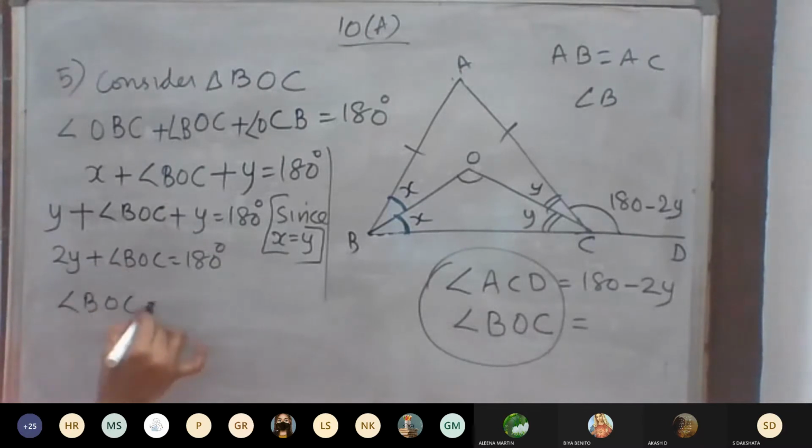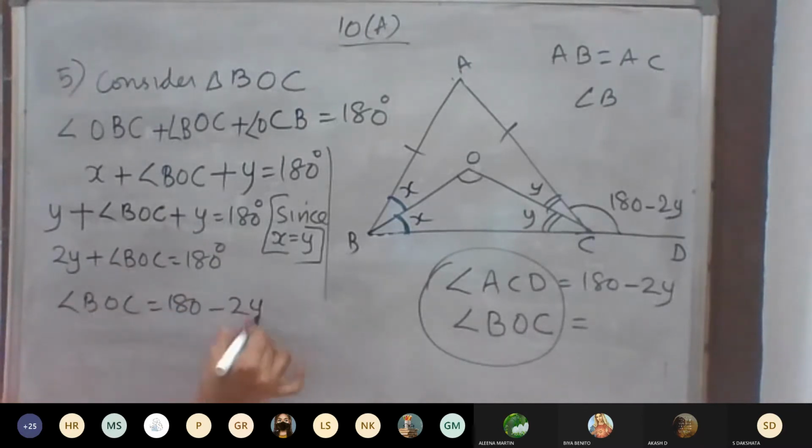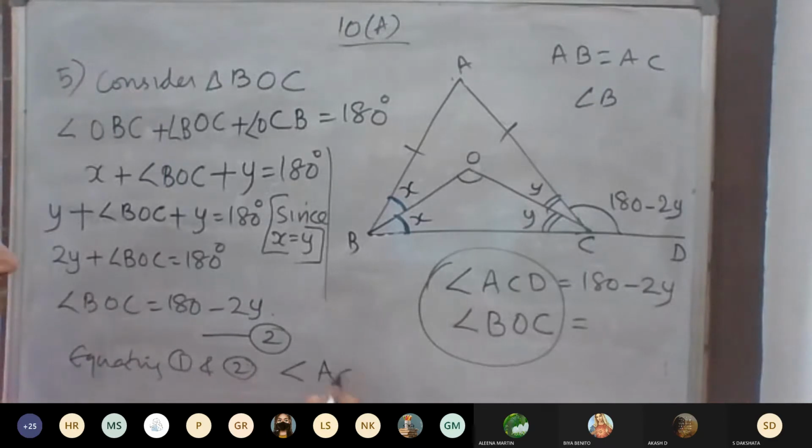Therefore, angle BOC is equal to 180 minus 2y, and that will be equation number 2. Therefore, equating 1 and 2, angle ACD is equal to angle BOC. We proved angle ACD is equal to angle BOC.